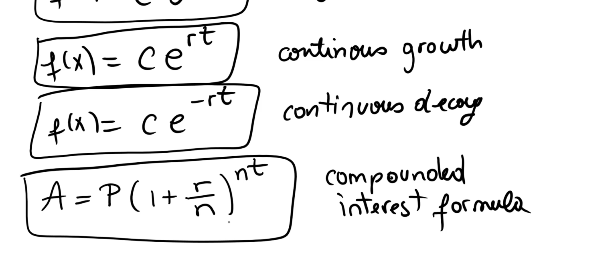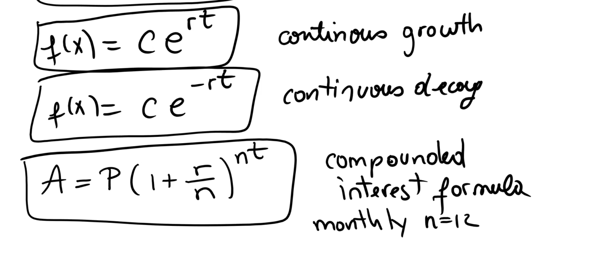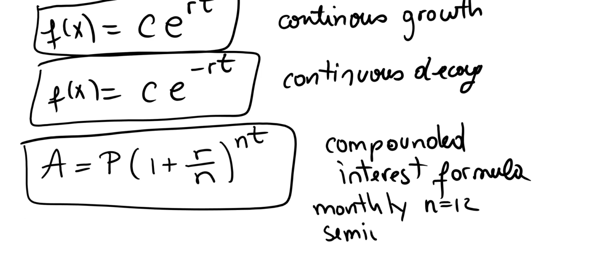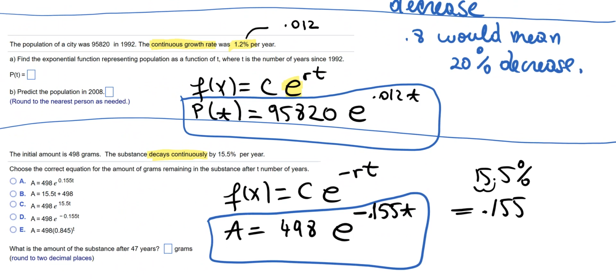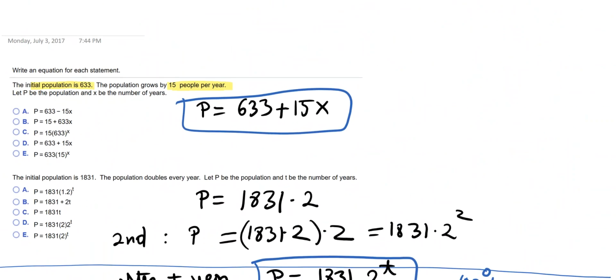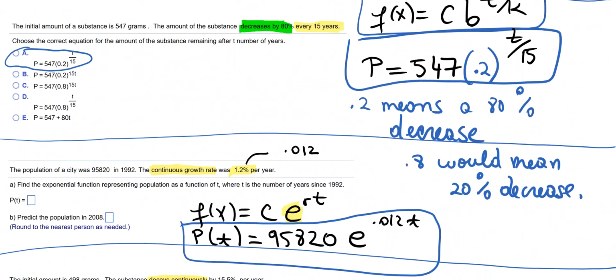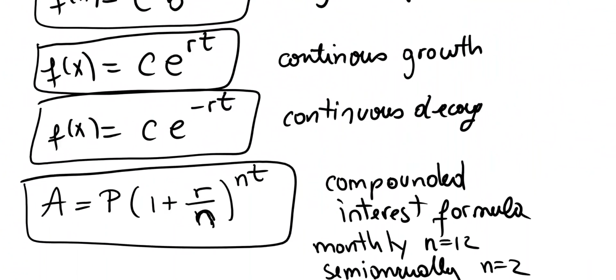So basically you use this one every time you hear that the interest is compounded monthly. For example, monthly would mean that n is 12, or semi-annually would mean that n is 2. So n is the number of compounded periods in a year. Okay, so I hope this helps you decide what formula to use for a specific problem.